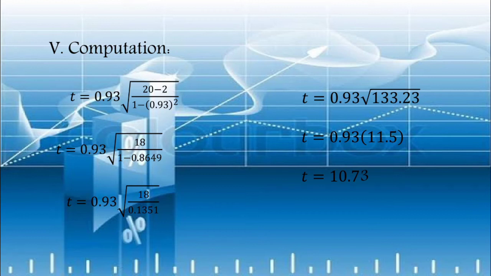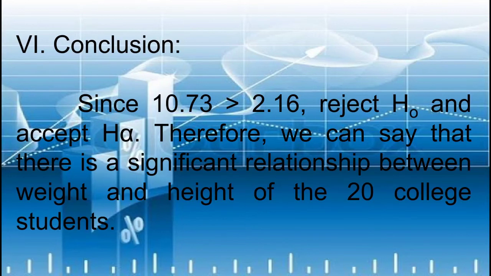Our t is equal to 10.73. Next, our conclusion. Since 10.73 is greater than 2.10, reject the null hypothesis and accept the alternate hypothesis. Therefore, we can say that there is a significant relationship between weight and height of the 20 college students.